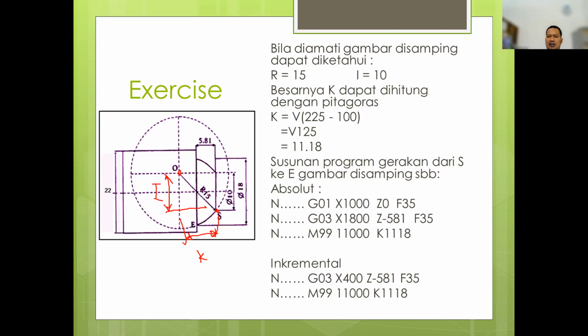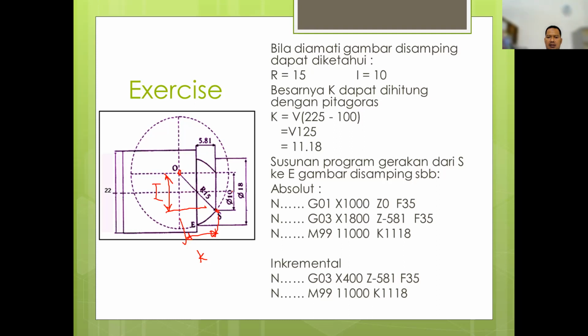If the radius is 15, but you see this is the center, and then the distance here is 10. And then the I is the vertical distance from starting point to center.